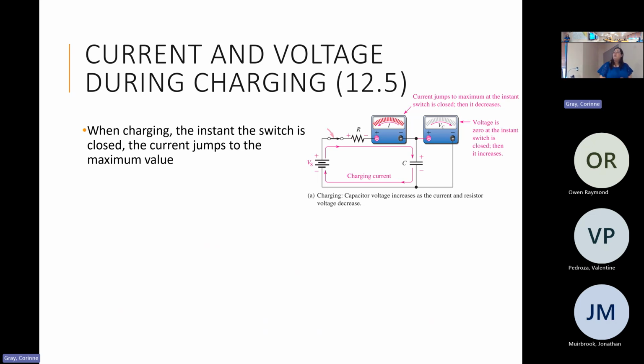And as time goes on, do we think the current increases, decreases, or stays the same? Why? Why is it going to decrease?